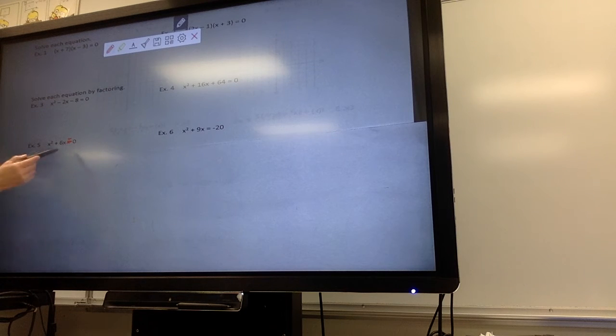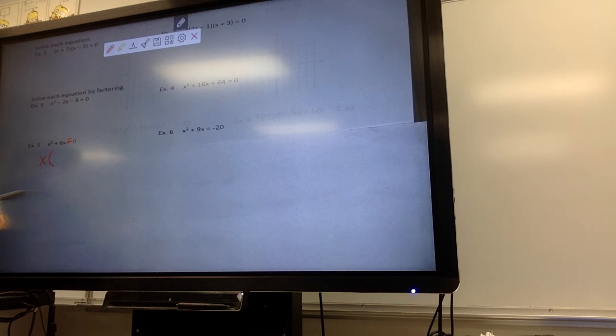Now this is a quadratic, but it's not a trinomial. But how do I factor that? What's the first step in factoring? Greatest common factor. Do these two terms have a greatest common factor? Yes. What do they have in common? x. So you've got to make sure that you factor out an x.